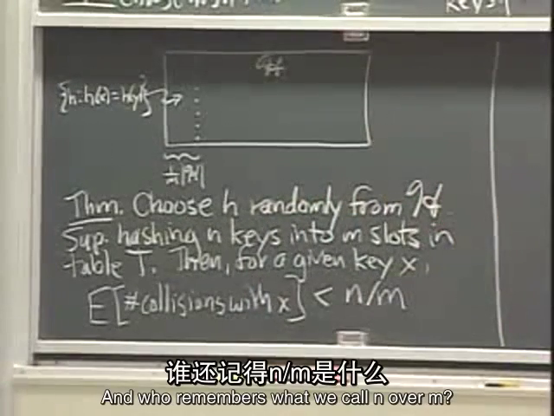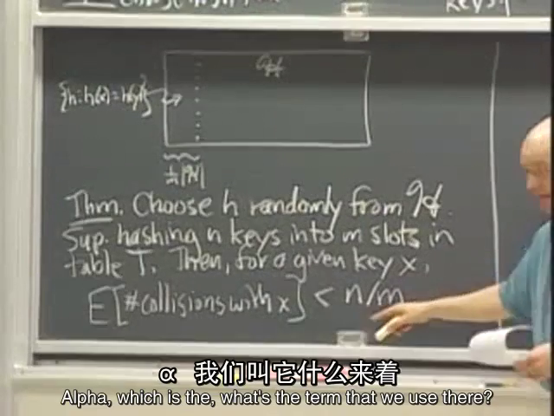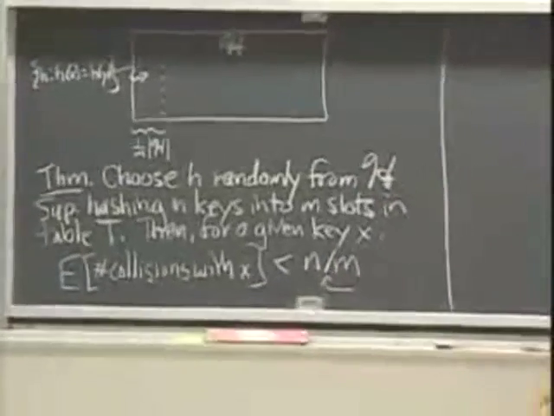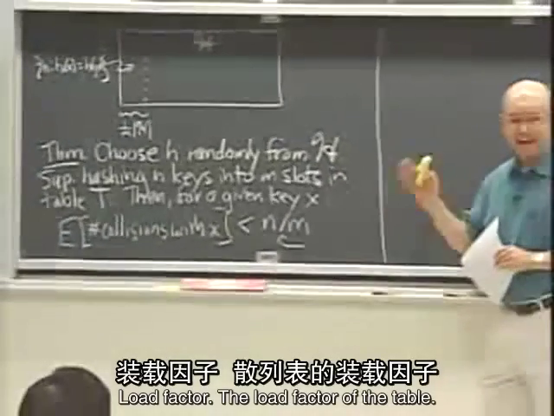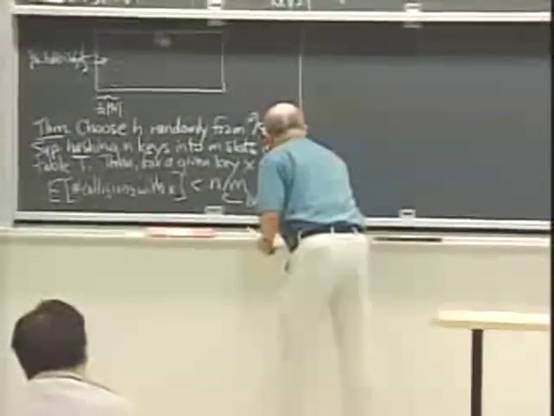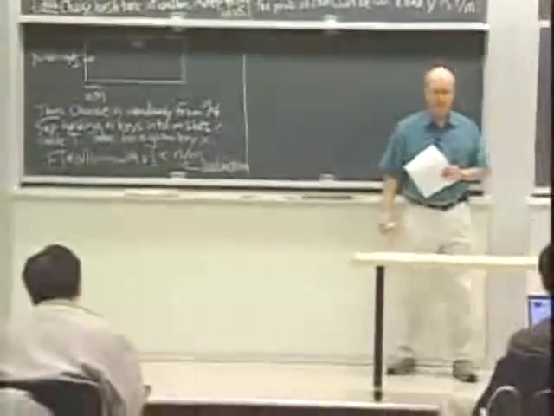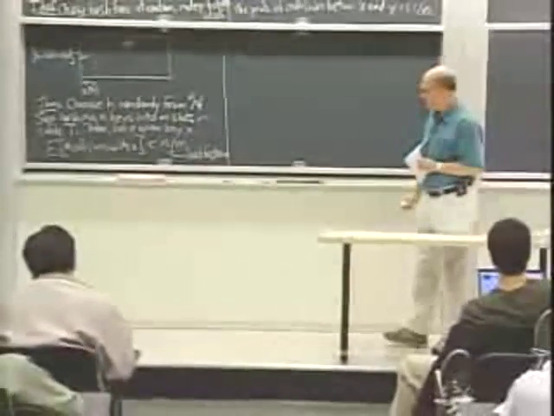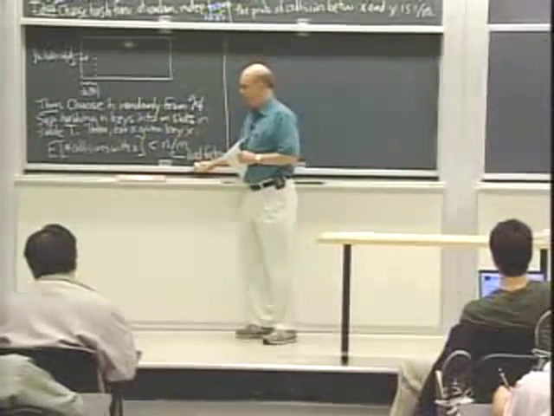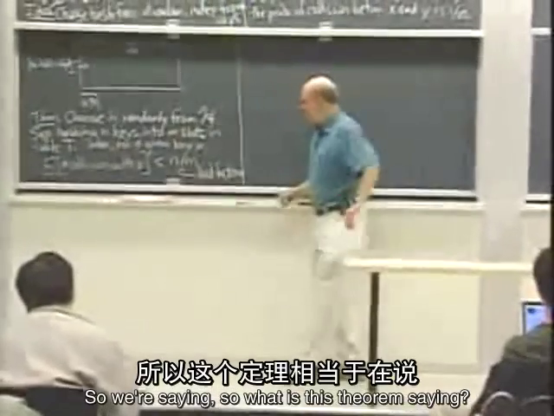Who remembers what we call n over m? Alpha. What's the term that we use there? Load factor, the load factor of the table. Load factor alpha. So the average number of keys per slot is the load factor of the table. So what is this theorem saying?